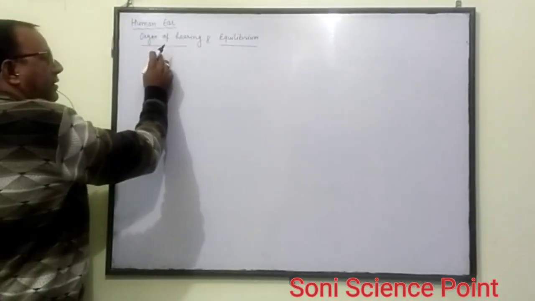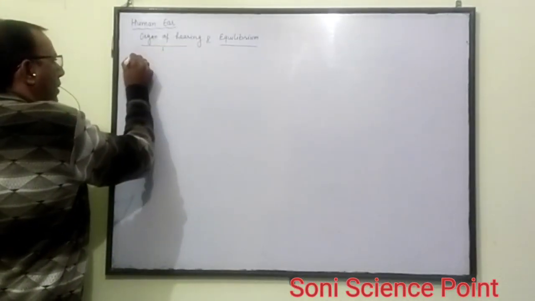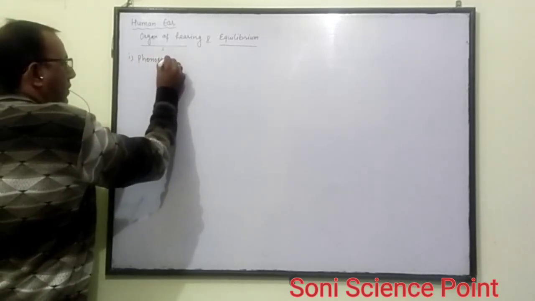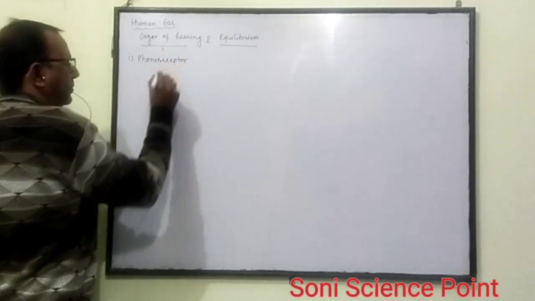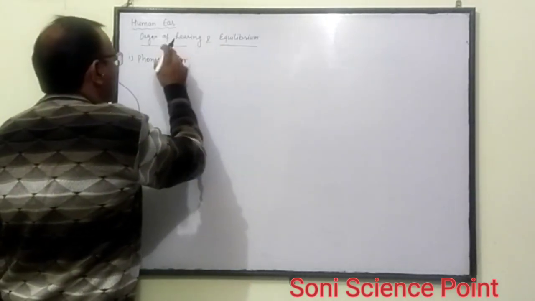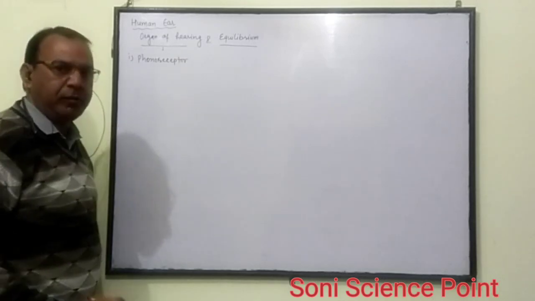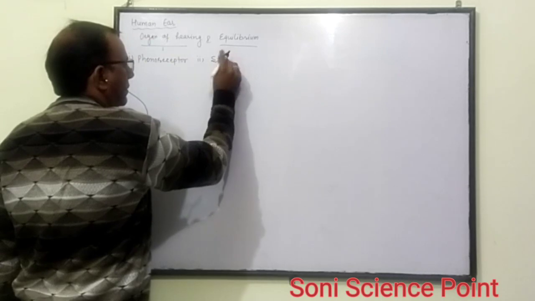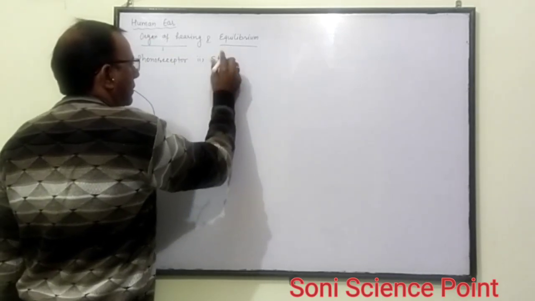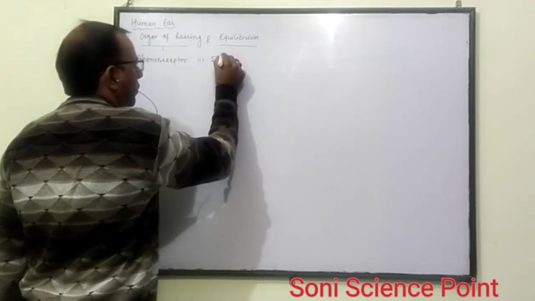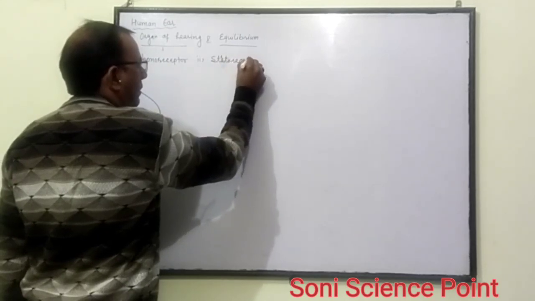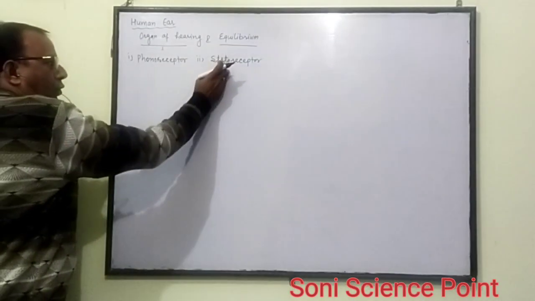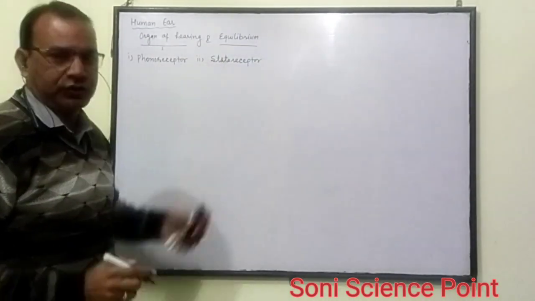As it helps in hearing, the human ear is called a phonoreceptor. And as the ear also helps in body equilibrium, it is also called a statoreceptor.